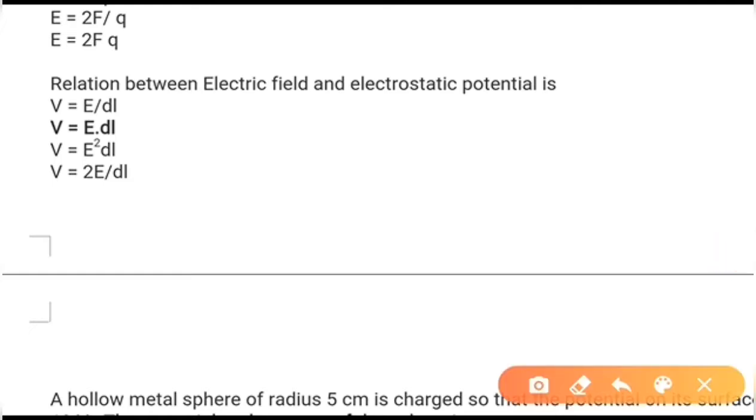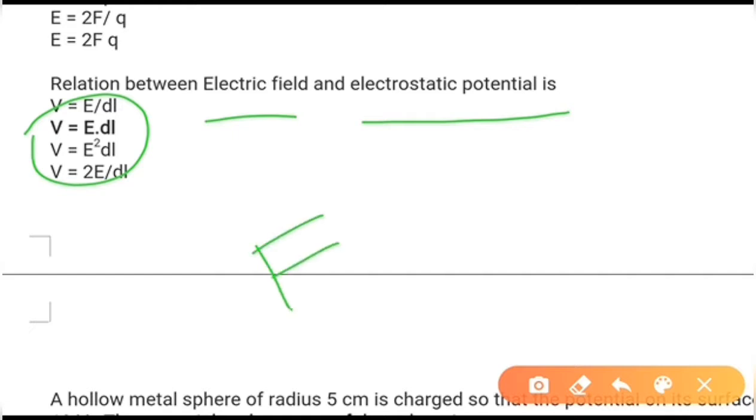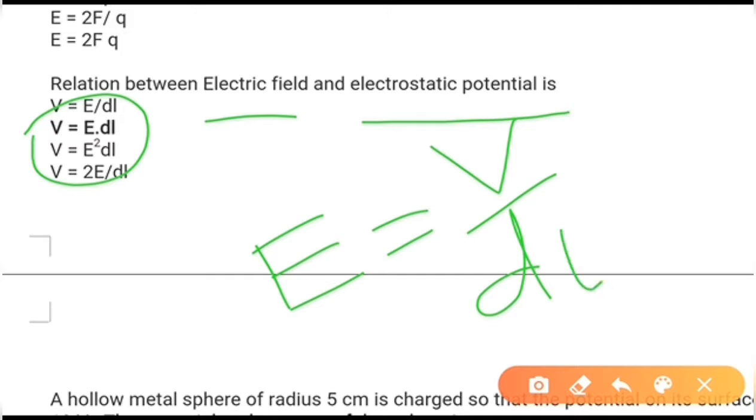The relation between the electric field and electrostatic potential, it's a very important relation, is V equal to E into dl. At the same time, E, the electric field, is equal to V by dl, that is the negative gradient of the potential, which gives the electric field at any point.